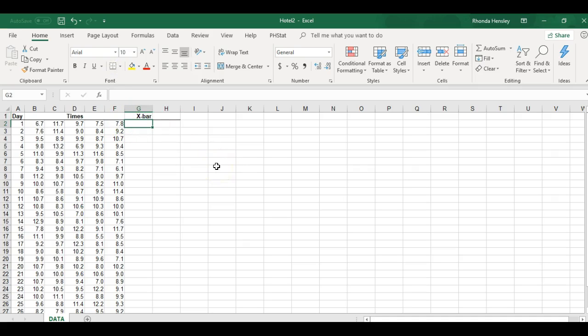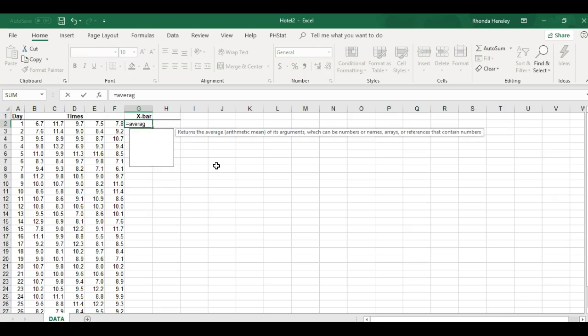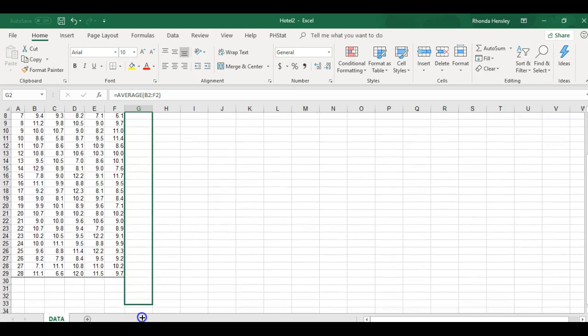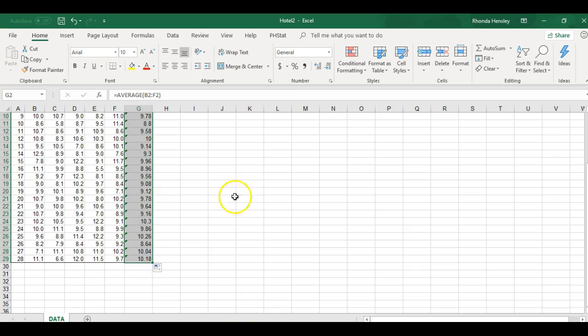For my X bar, it's just an average: equals average of this range of 5 cells. Then I press enter and copy this down over the 28 days, and this should be my average for my data.